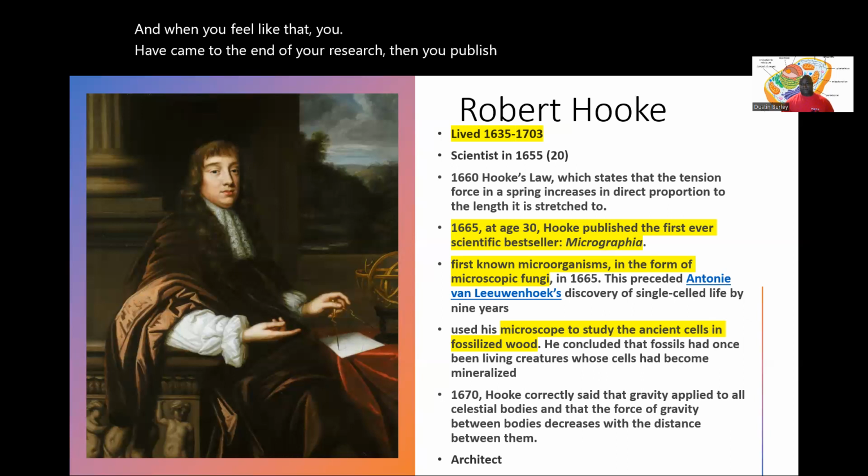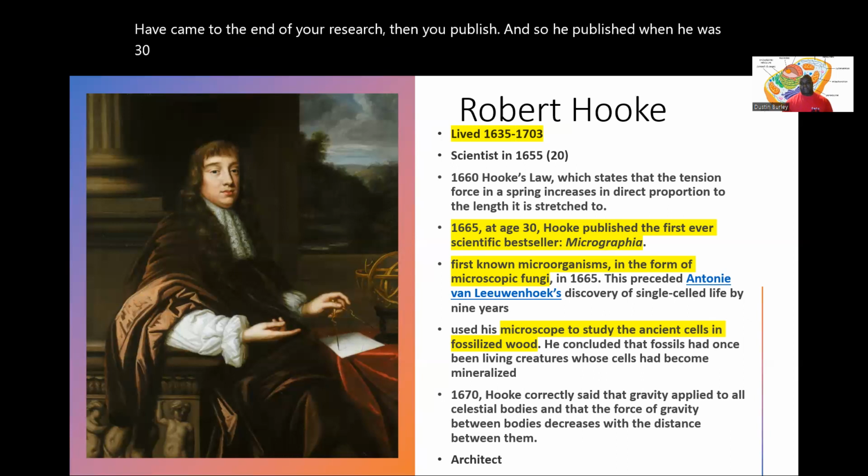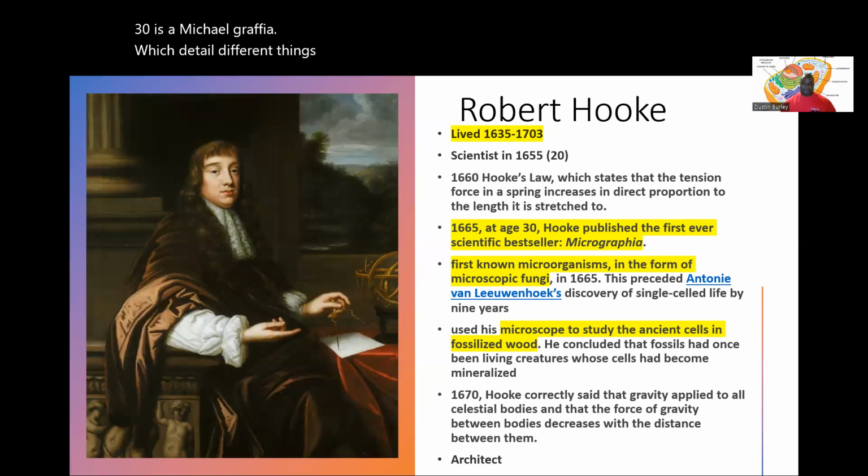And so he published when he was 30 Micrographia, which detailed different things about cells and his work. He is first known for microorganisms in the form of fungi, which is fungus.